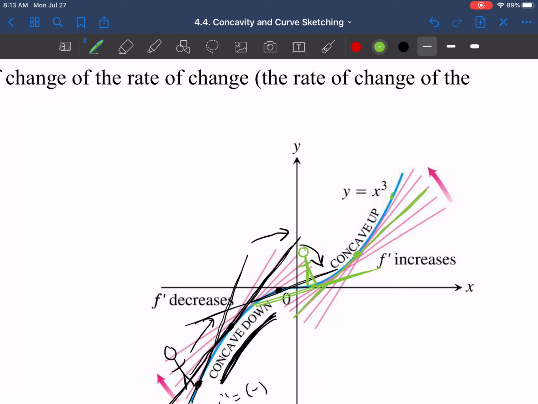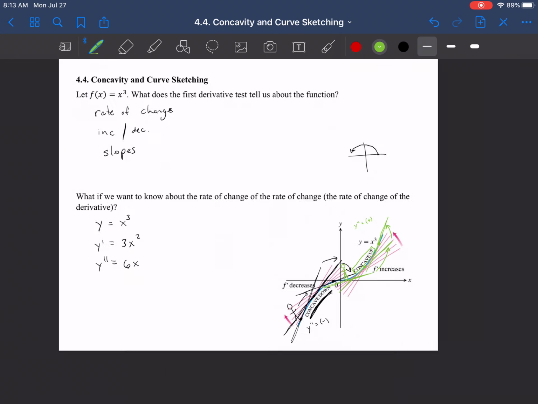And if we keep moving, it's getting even steeper. So our slope is rotating counterclockwise, which is rotating in the positive direction. This means that over here, y double prime is going to be a positive value, and we call this concave up, in that area where it's curved up, just like that.